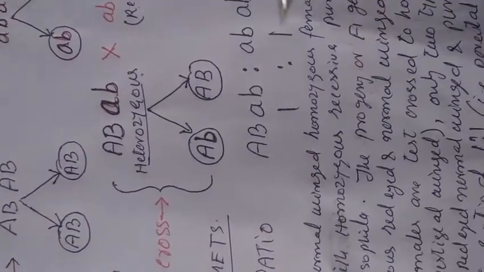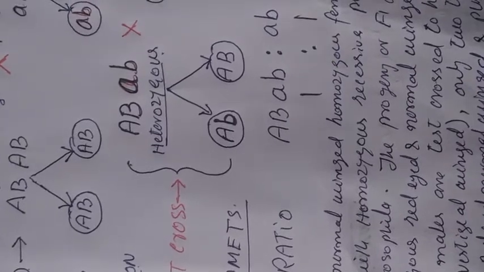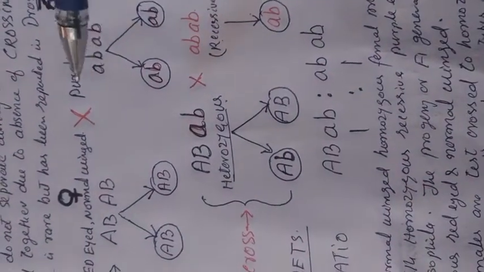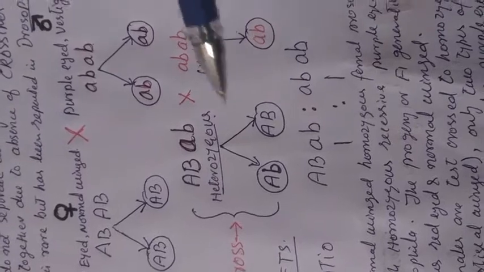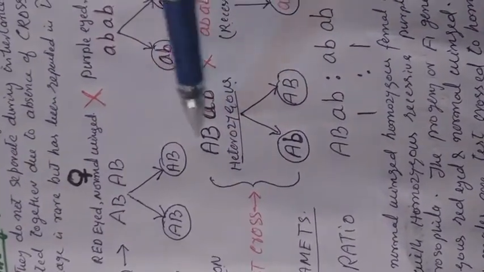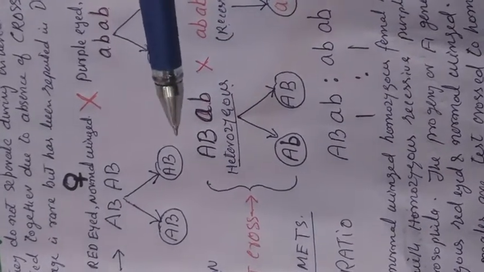So, a red-eyed and normal-winged homozygous Drosophila, that is AB/AB, is crossed with the homozygous recessive purple-eyed and vestigial-winged Drosophila. The progeny, or F1 generation individuals, are heterozygous, with red eyes and normal wings phenotypically.